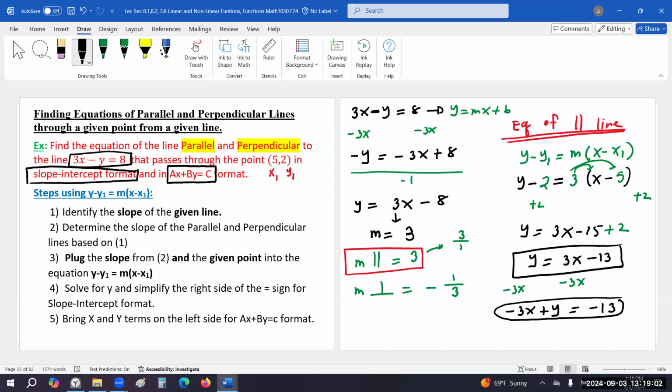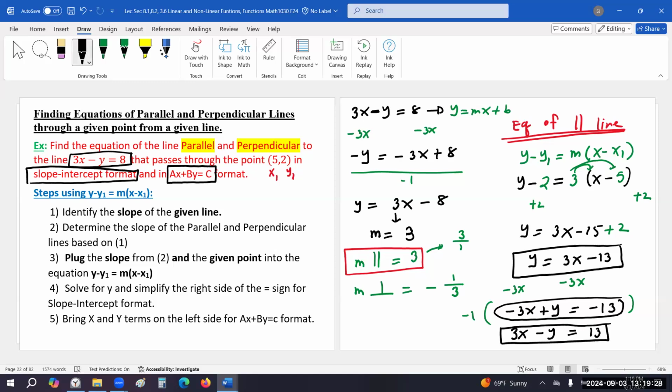So what can we do to convert this negative 3x into positive 3x? Multiply by negative 1. So multiply everything by negative 1. In other words, just switch the sign for everyone. So positive 3x, negative y is positive 13.